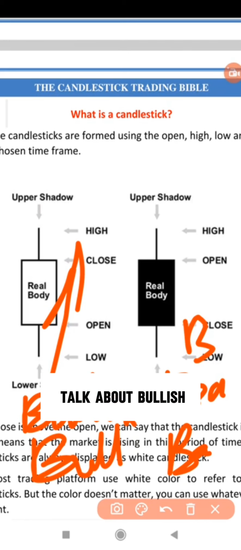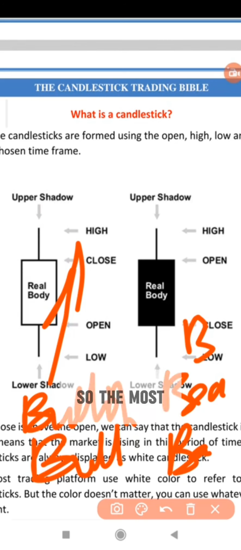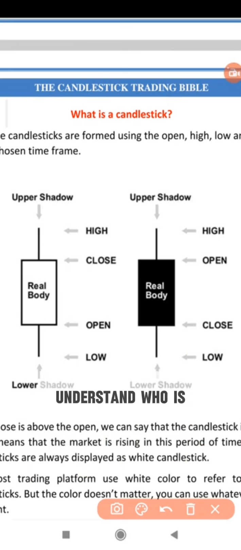So when we talk about a bullish market, we are talking about buyers in the market. When we talk about a bearish market, we are talking about sellers in the market. When you understand these 2 basic points, then you begin to understand how to use candlesticks in the market, because we have bullish candlesticks and bearish candlesticks. The most important part of what I'm sharing with you is to understand who is in the market at every particular point in time.